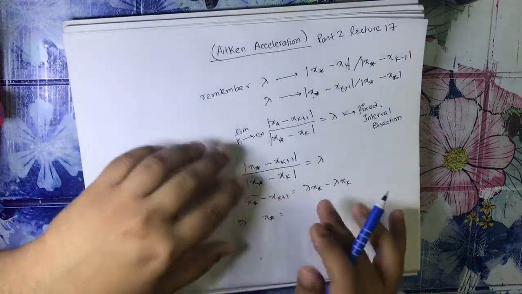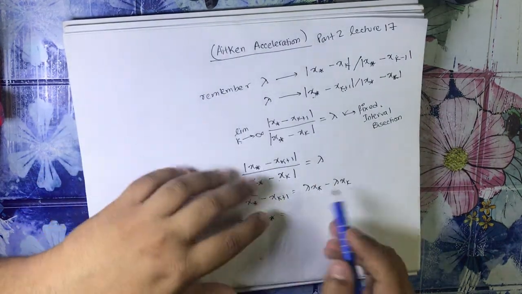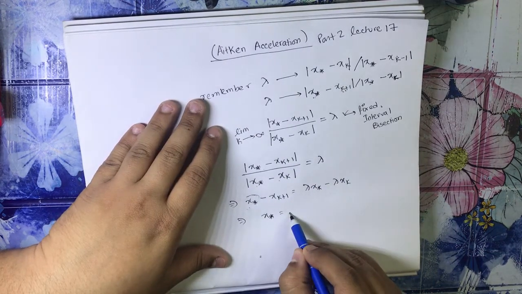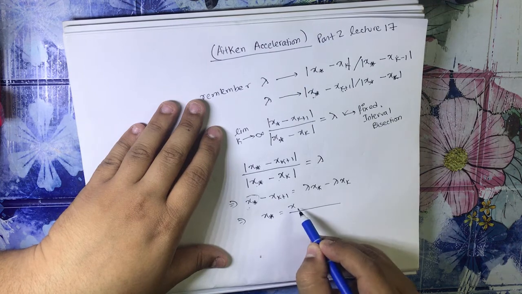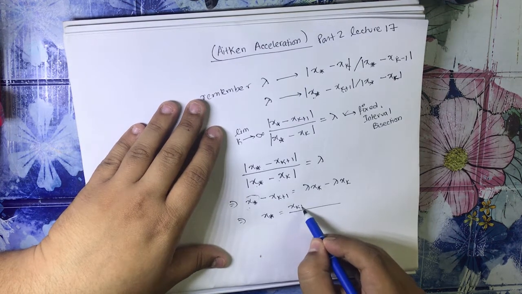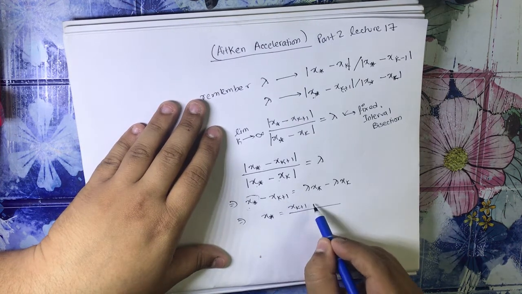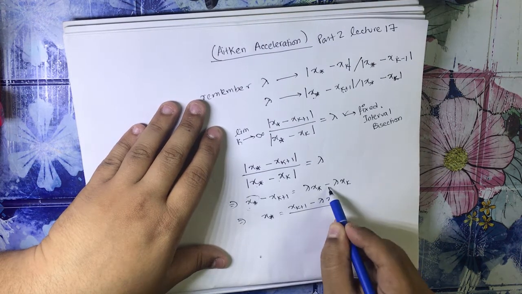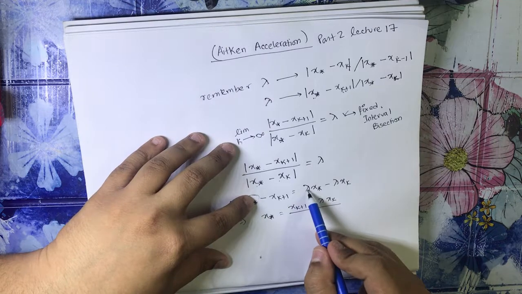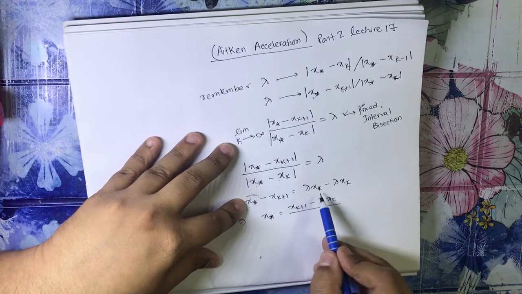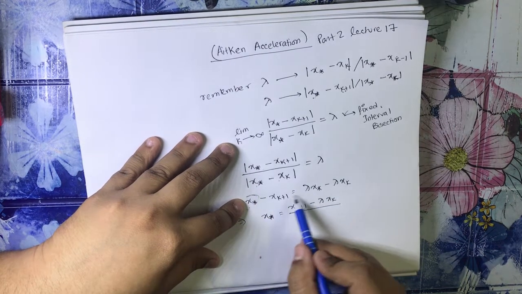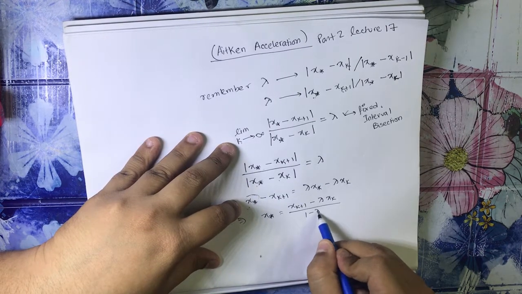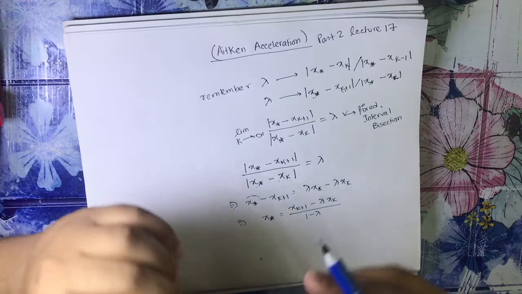All right, so if we reform this equation and simplify it down and bring the x star on one side, we can basically say that xk plus 1 goes this side, minus lambda xk. So this lambda x star comes here, we take the x star common, and we basically divide by 1 minus lambda.